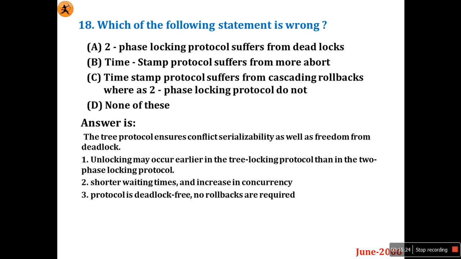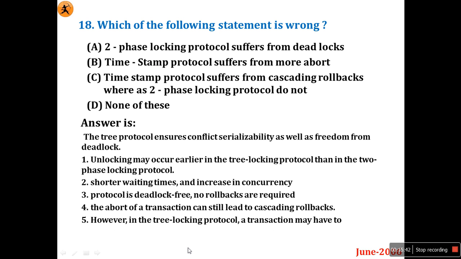Actually, two-phase locking suffers from deadlock. Actually, aborting transactions can still lead to cascading rollbacks. Definitely, the timestamp protocol suffers from abort and also cascading rollback. However, in the tree locking protocol, a transaction may have to lock data items that it does not access.